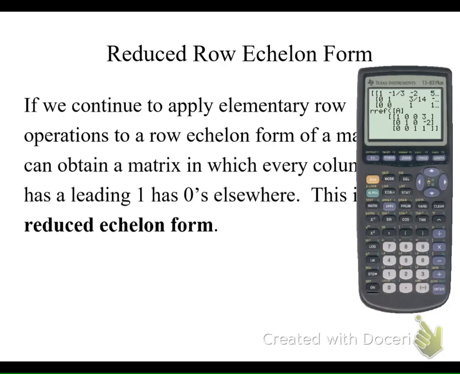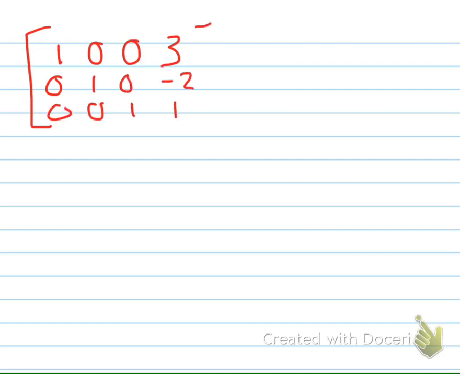And so I'm going to write this matrix down on a screen for us. So this is my matrix: 1, 0, 0, 3, 0, 1, 0, negative 2, 0, 0, 1, 1.